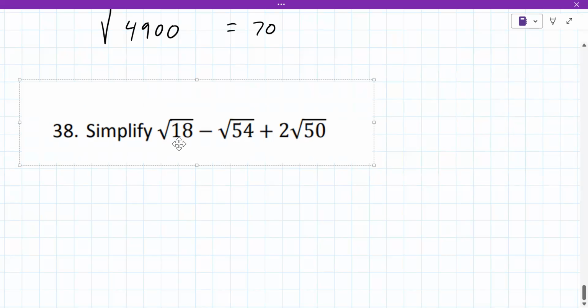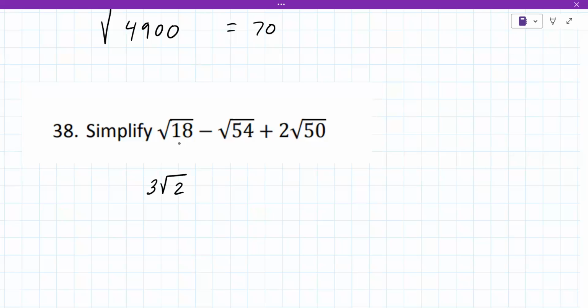So square root of 18, you can do the same thing. You can find the biggest square that goes in there. So then that's 3 square root of 2. Then it'd be 3 square root of 2 plus the square root of 54. 54 is not divisible by 4.